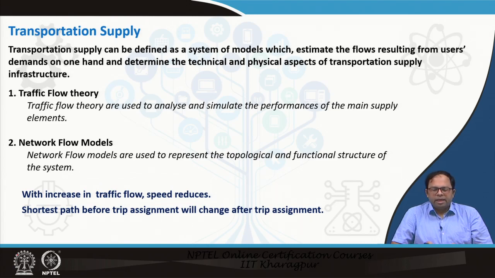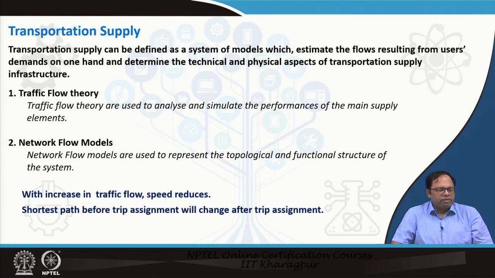That means when there is more demand, how the system performs, and this also takes into account the physical characteristics of the transportation supply. And then there is the structure of the transportation network, which is looked into in network flow models, where we look into the topological and functional structure of the system and how it impacts route choices, total impedances, and so on.